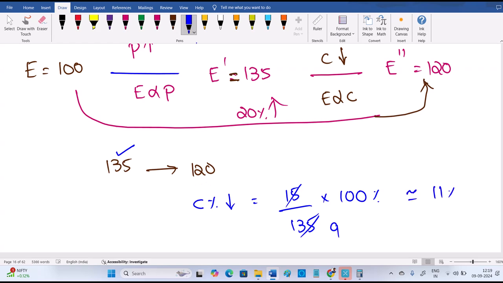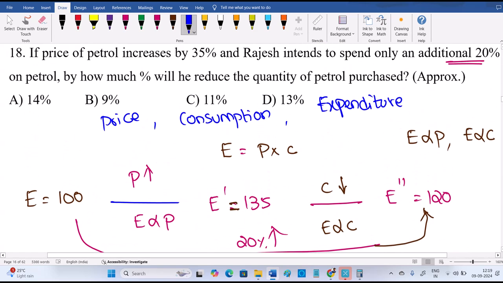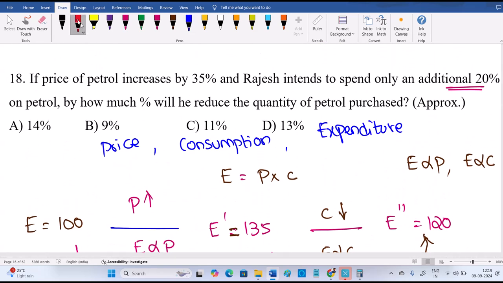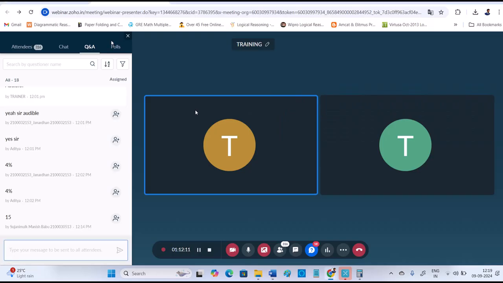They asked approximately, exactly equal to 11 1 by 9, 11.1111. They asked approximately, and you can see the option available is 11%.